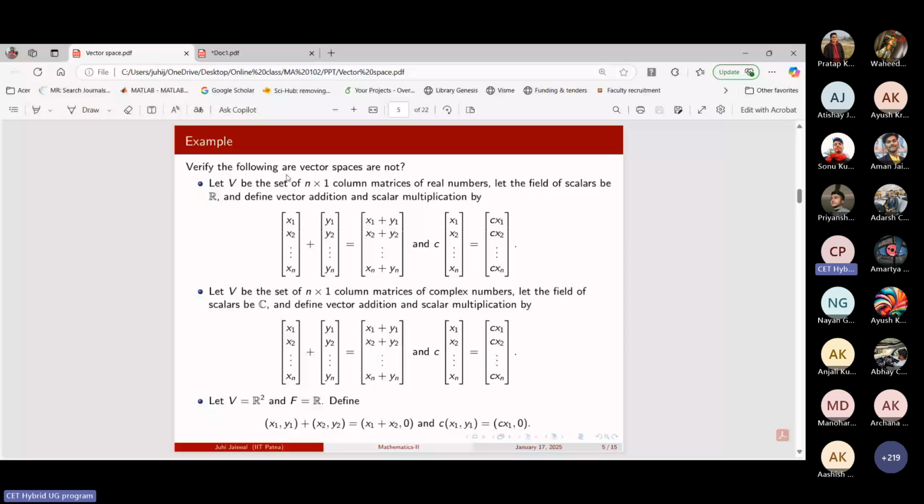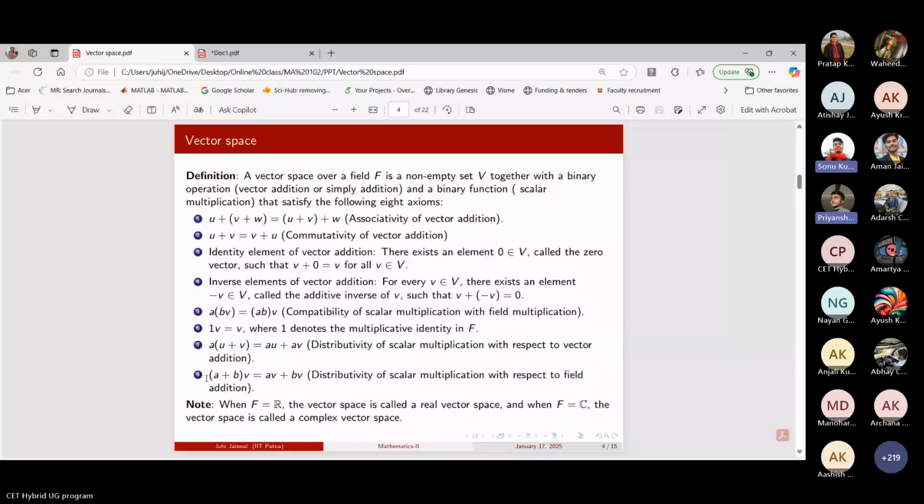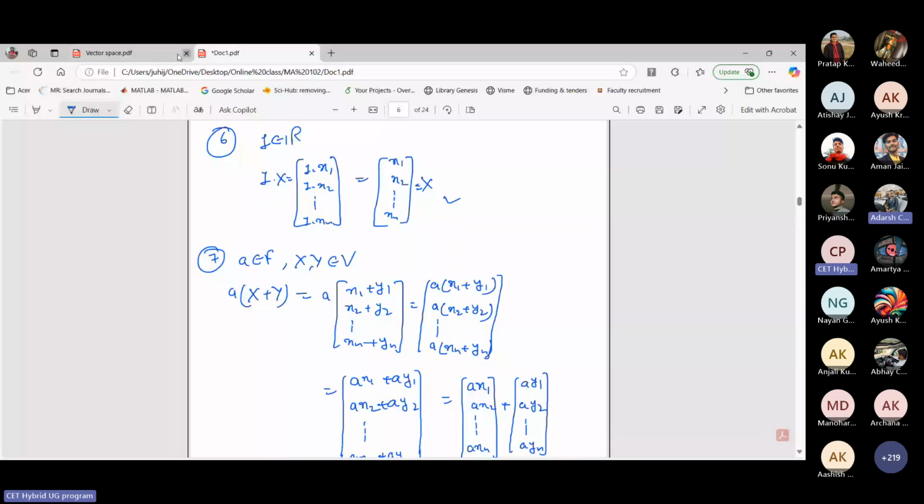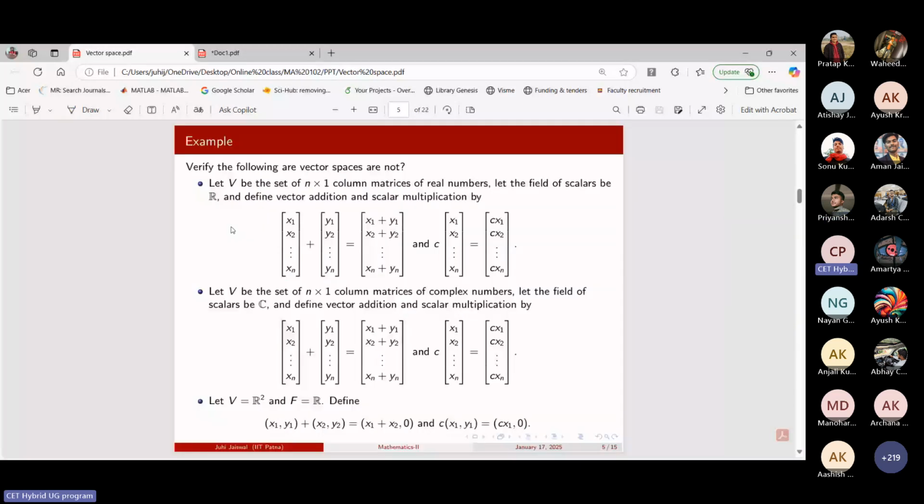Tell me, all the properties are satisfied, right? So for this one, we can say this V is a vector space V over F with respect to addition as well as multiplication.